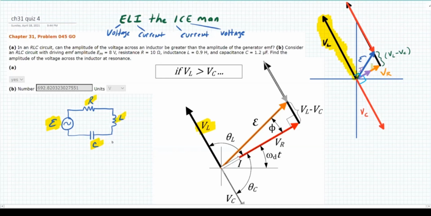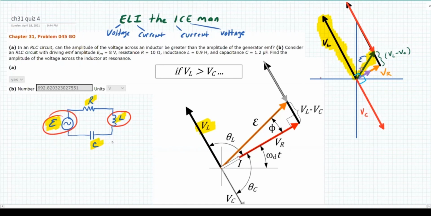Look how small this blue vector is. The magnitude of that blue vector is clearly much less than the magnitude of that black vector. So the answer is yes, you can have a voltage drop across this inductor that is larger than the actual power supply itself. We just showed that right here.